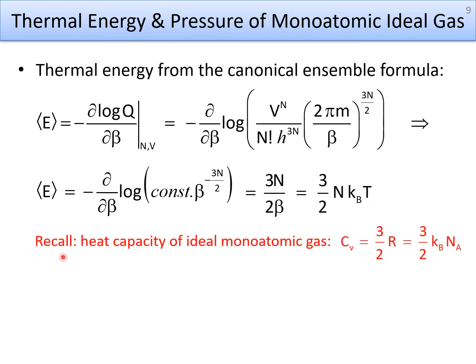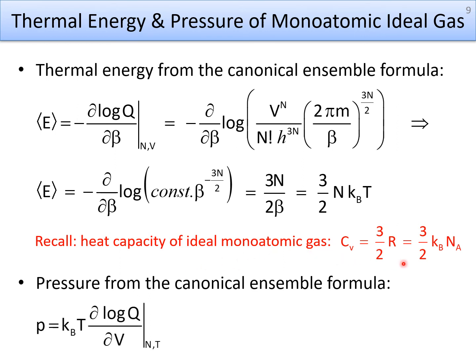Now, if you recall, the heat capacity of the ideal monatomic gas is equal to 3 over 2 times R, right? So this is the CV, heat capacity for constant volume. This was something that you should have seen back in your classical thermodynamics courses. And this R is simply equal to the Boltzmann constant times NA. So this is actually in agreement with this expression.